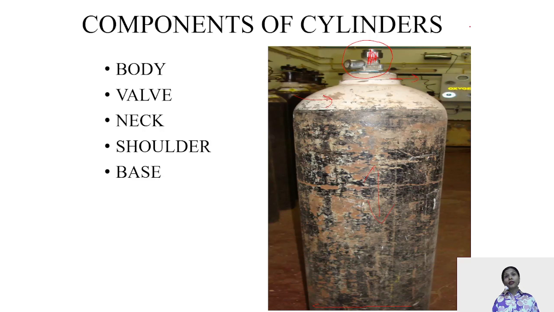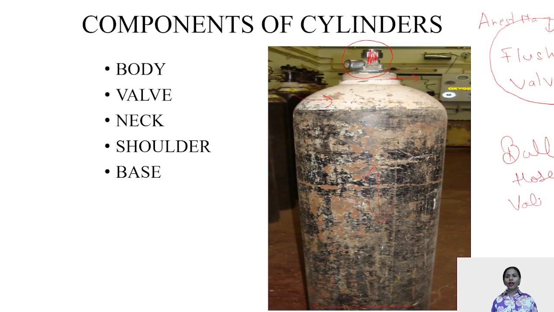The most common type of valves used on the anesthesia machine are flush valves, whereas in the medium and large size cylinders we use the bull nose valves.